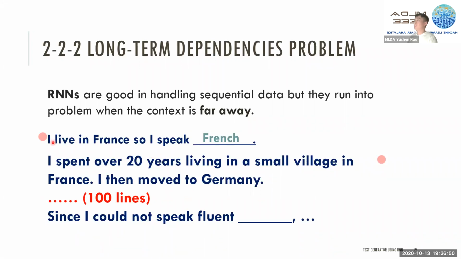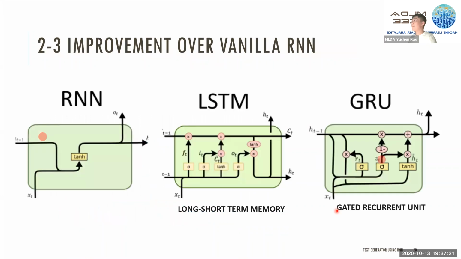In this simple sentence, we have 7 words and we can predict that he can speak French. But if there are 100 lines in between, it's very hard to predict. Since he moved to Germany, he can't really speak fluent German.